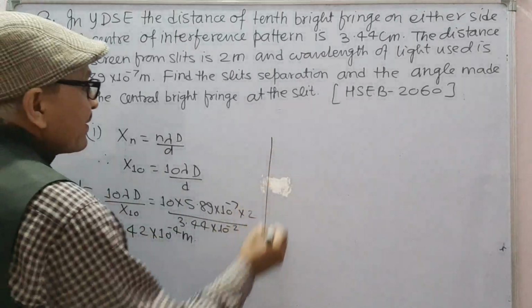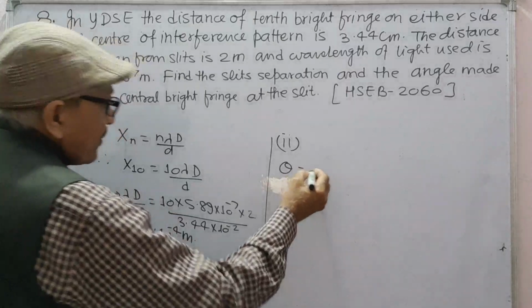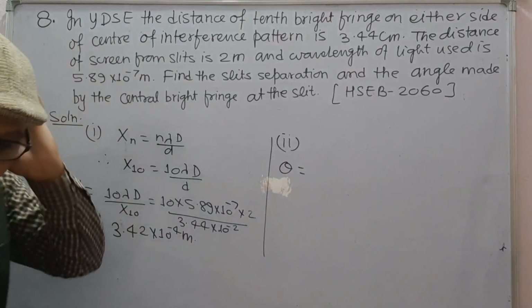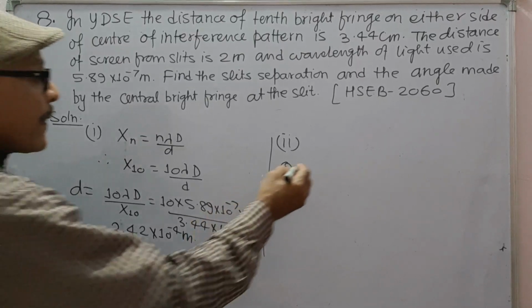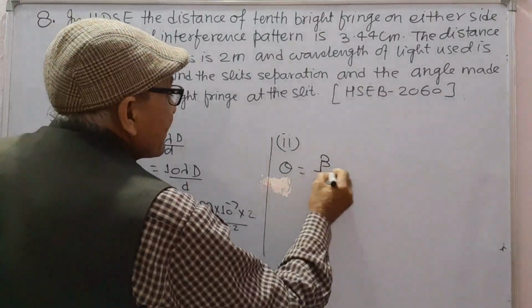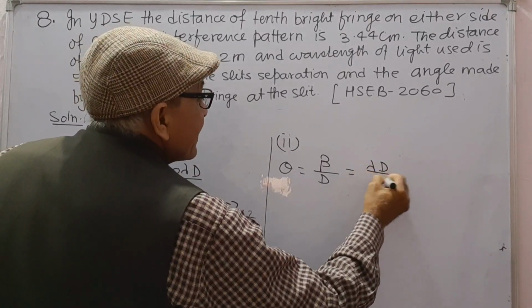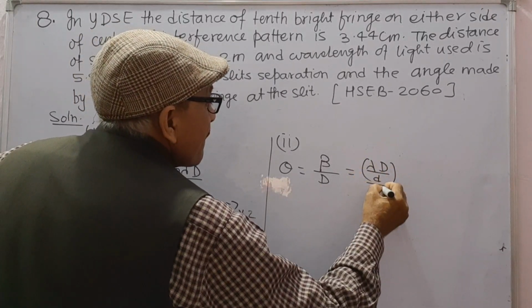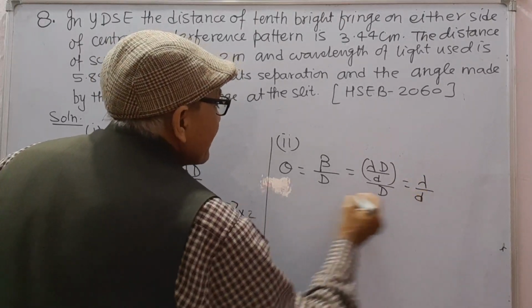Now second part, theta is equal to beta upon D, which is lambda D upon D, that is lambda upon small d.